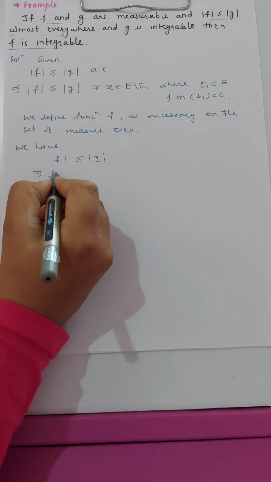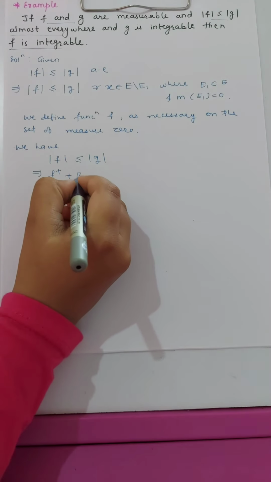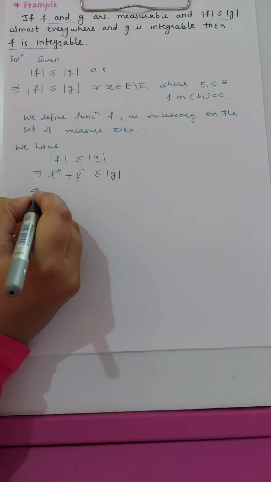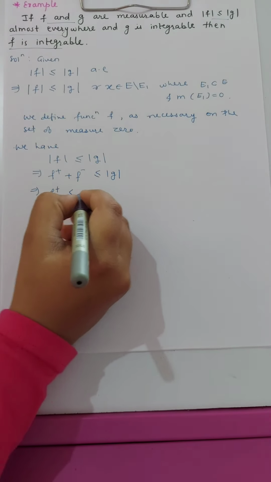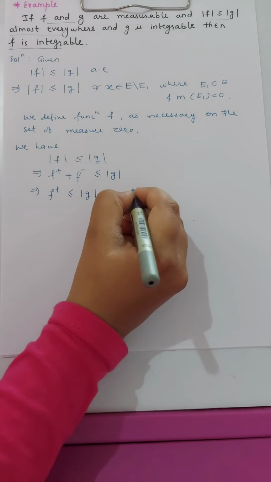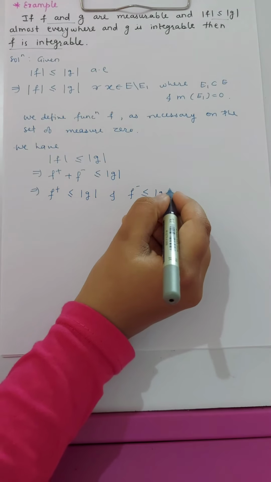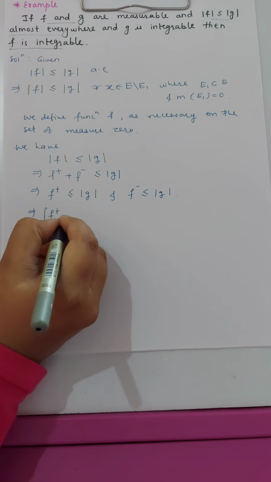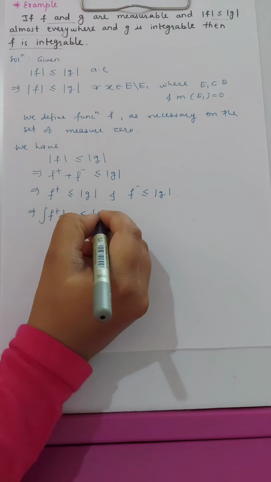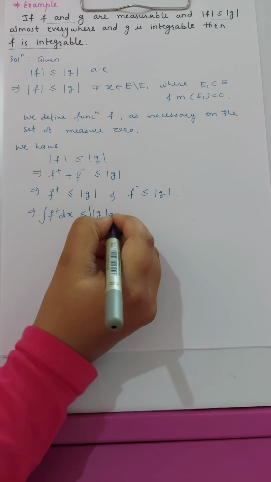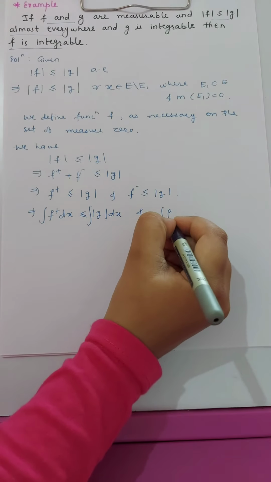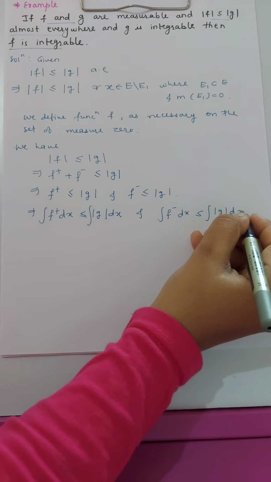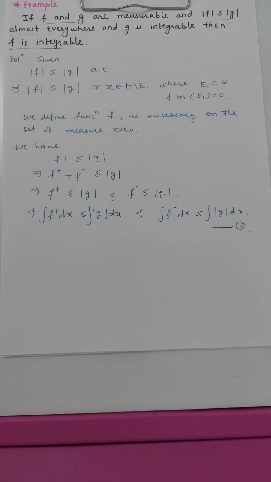This implies that positive part of f plus negative part of f is less than or equal to mod g. This again implies that f plus is less than or equal to mod g and f minus is less than or equal to mod of g. So this implies integration of positive part is less than or equal to integration of mod g, and integration of negative part less than or equal to integration of mod g dx. Let it be number 1.